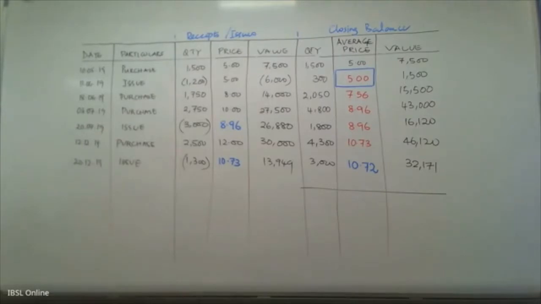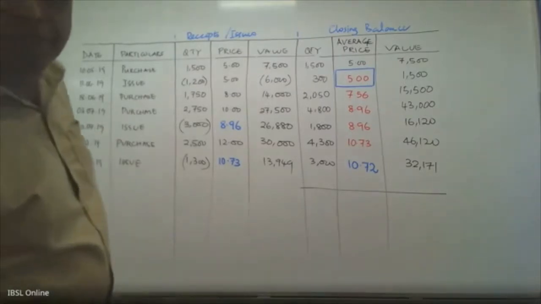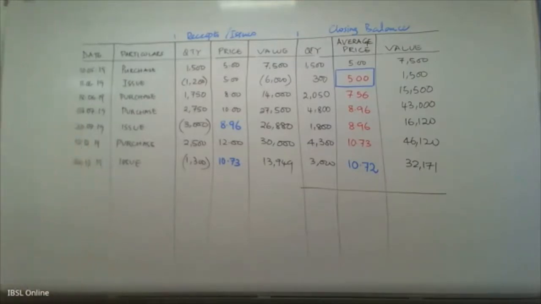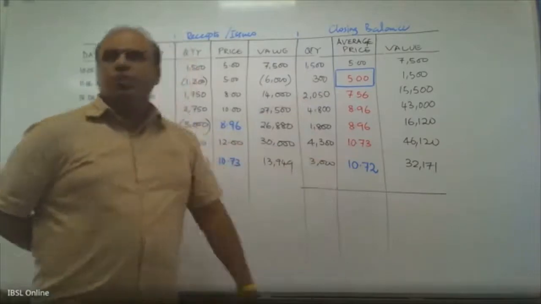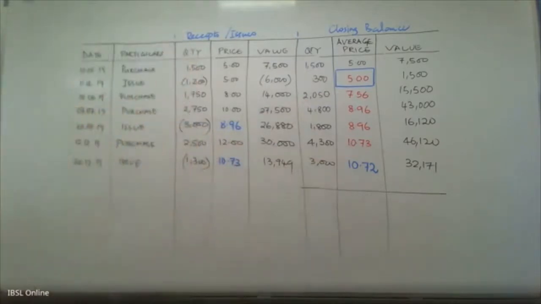So in an actual scenario, people cannot be calculating these numbers when they are doing inventory management or stock management. So basically in organizations, they make use of a system, either in-house made software or a purchased software to look after these calculations.